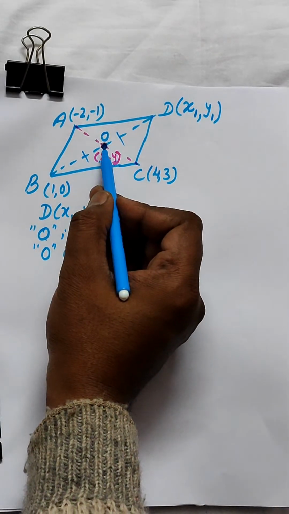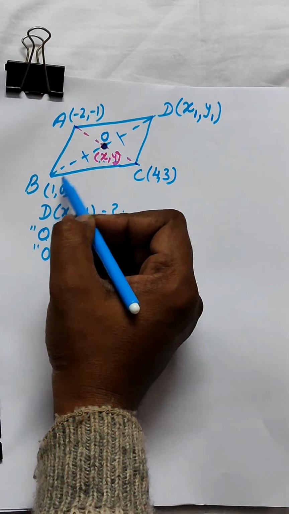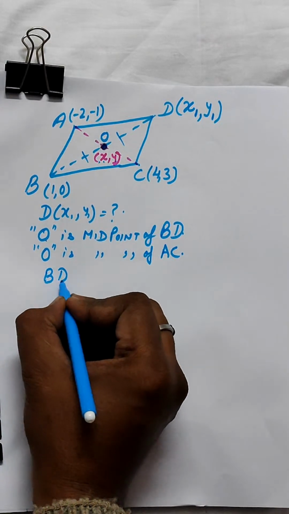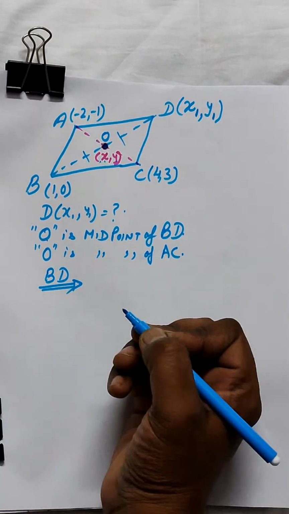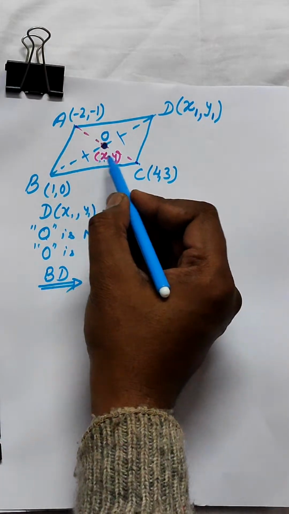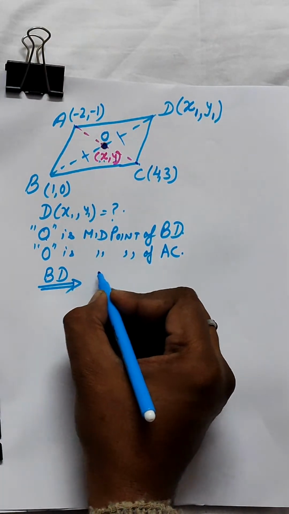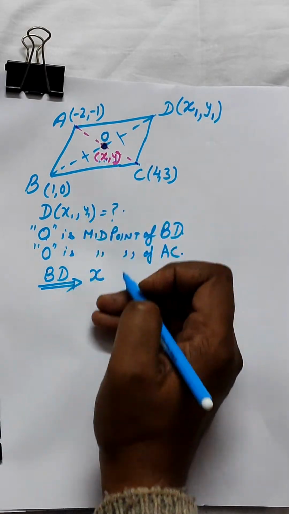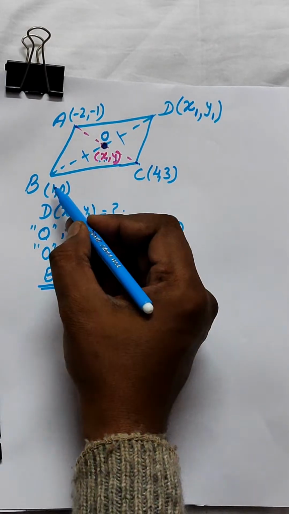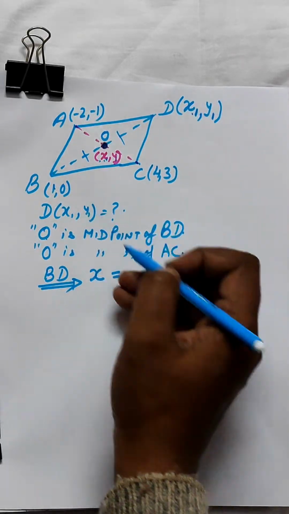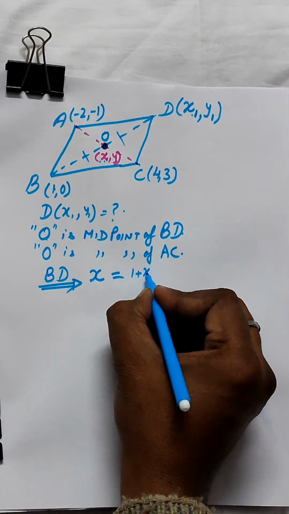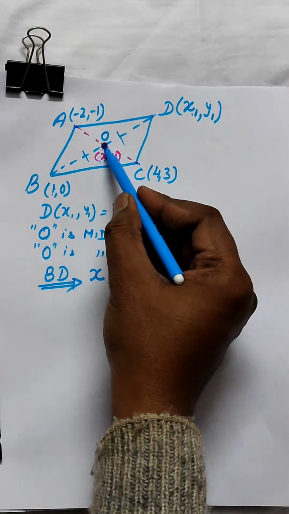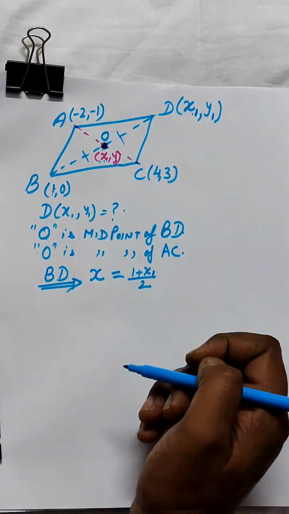If this is the midpoint of AC and BD, then if you consider BD, the coordinates of the point of intersection, this x, will come as (1 plus x1) by 2, because this is the midpoint, right?